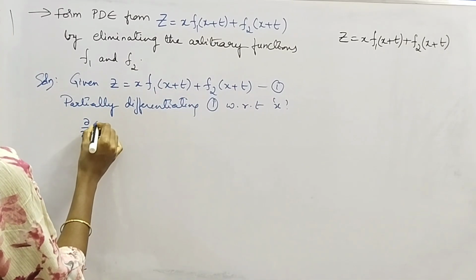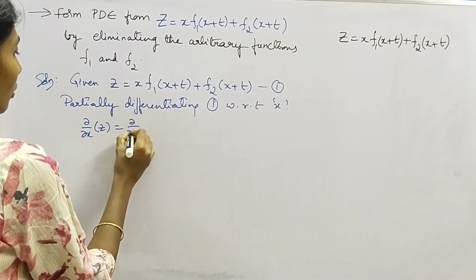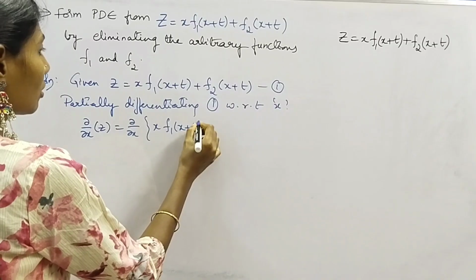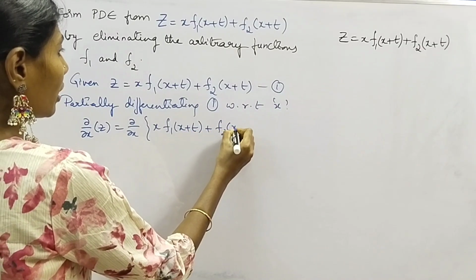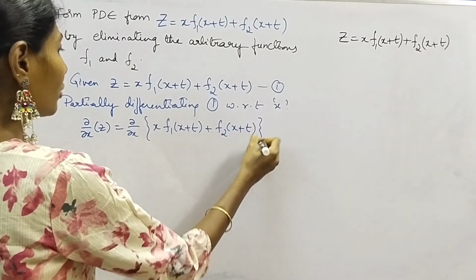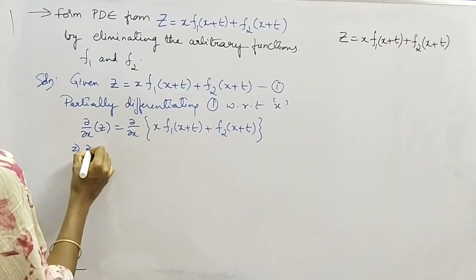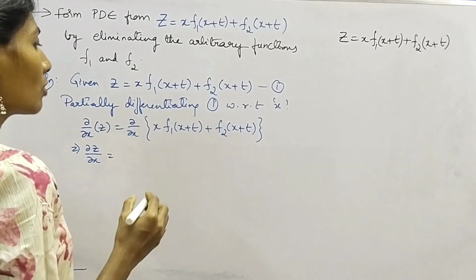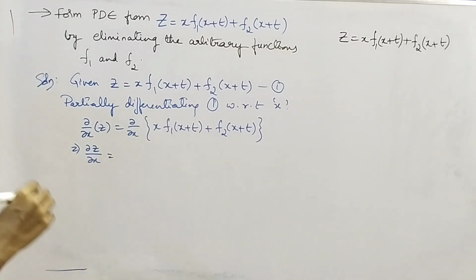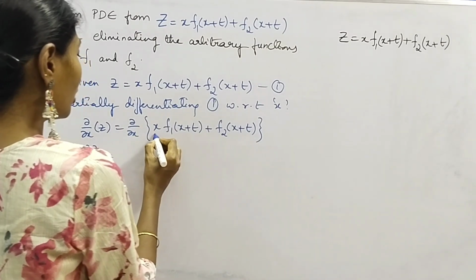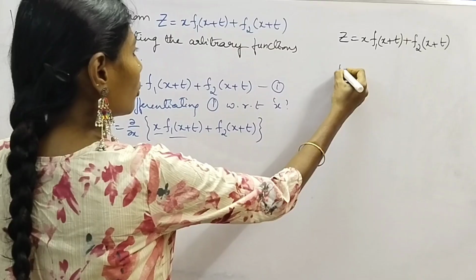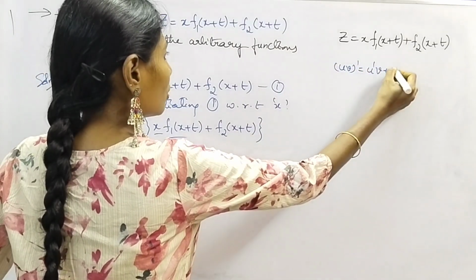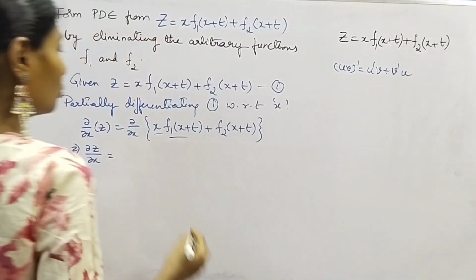You'll get dou by dou x of z equal to dou by dou x of x into f1 of x plus t plus f2 of x plus t. This gives us dou z by dou x equal to, here we have two functions, right? Since we are partially differentiating with respect to x, we'll treat t as constant, and we are going to apply the uv whole dash formula, which is u dash v plus v dash u, right?